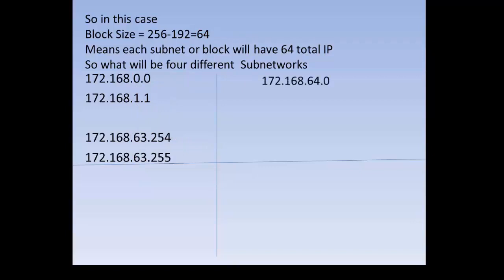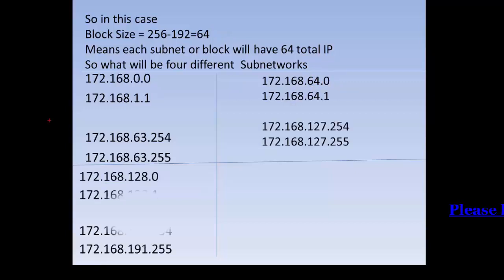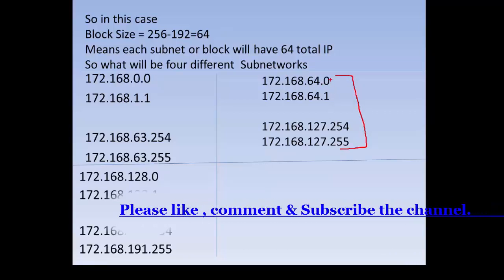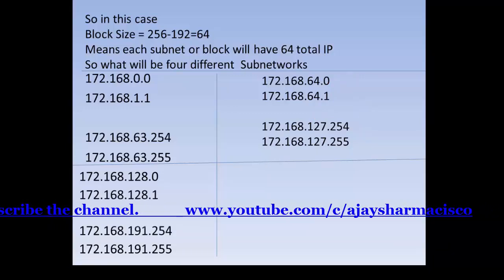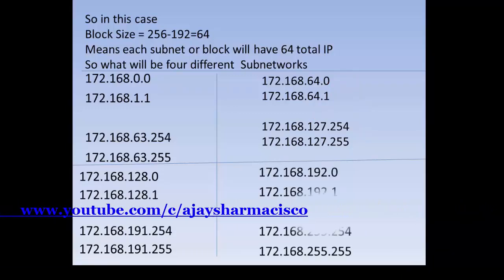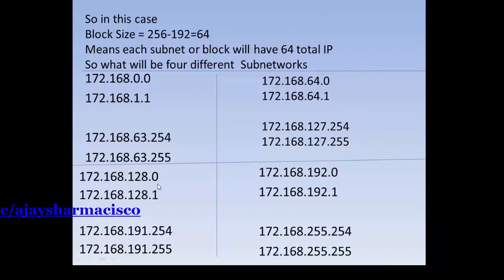Okay, what will be the next? You can see here the variation comes here and the block size is 64, so the next network ID will be 64, then the first valid IP, last valid IP and broadcast IP. Again the variation comes in the third octet. In the same way we keep proceeding. Here 64 plus 64, 128.